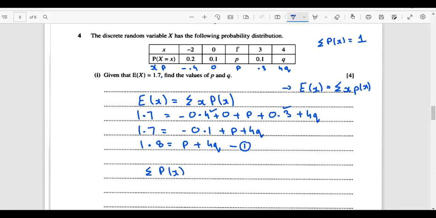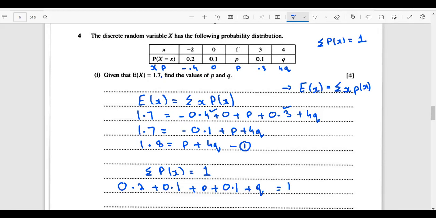I'm telling you right now, this could be a 1 mark question in every question of this type where you have probabilities. The examiner would certainly test you for this. So it would be 0.2 plus 0.1 plus P plus 0.1 plus Q equals 1.